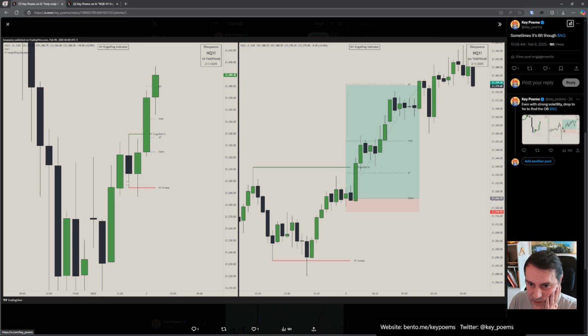We wick below the 11 p.m. candle. We close above. There's also one of those times where we close above, but we haven't reached for the high yet. So this allows us to enter with a very, very small stop. We know there's a very high probability we're going to take this high, and then it even runs much further.